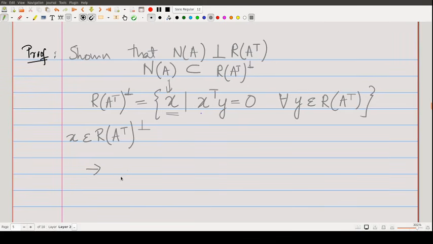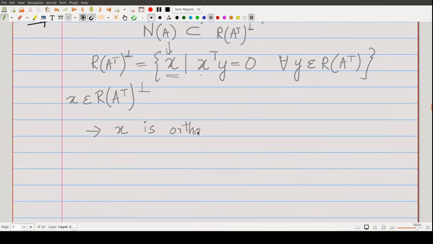This means that X is orthogonal to every vector in the column space of A transpose.